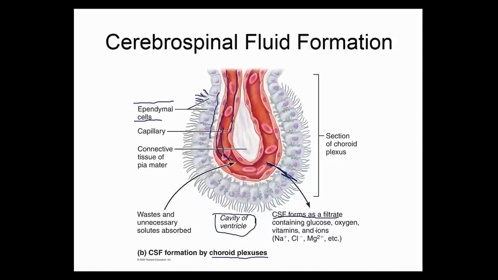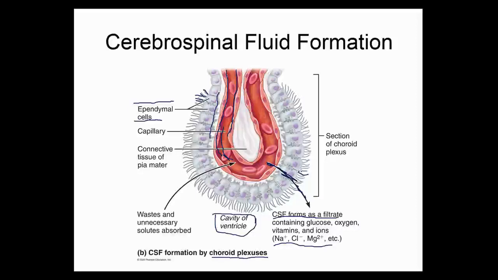So we have a bunch of glucose, oxygen, some ions, proteins. You don't need to know all that detail about what's in it, but these nutrients, these components get pulled from the plasma of the capillary into the ependymal cells, which add their fluid to it and then secrete them into the cavity of the ventricle.